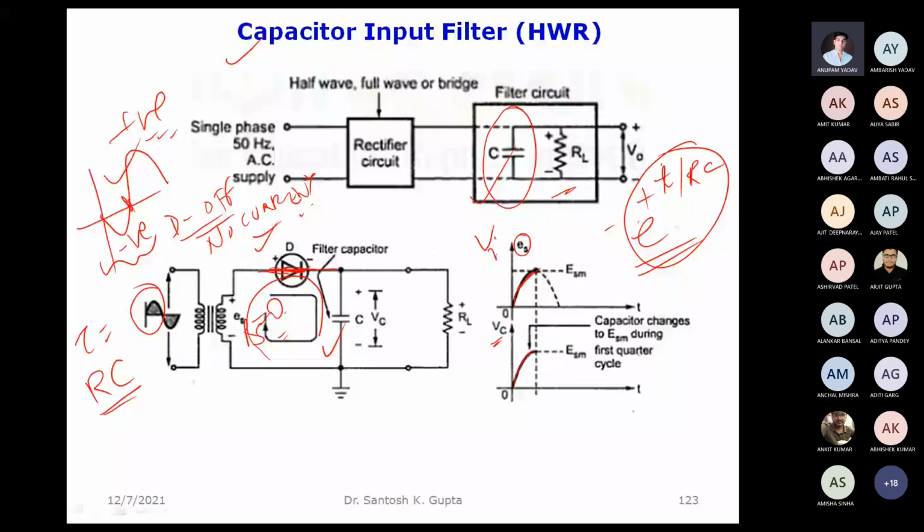It goes to the maximum voltage here, ESM as written. We can think of this as VM also. So the potential across this, DC, is equal to VM or ESM, whatever we can call it here.